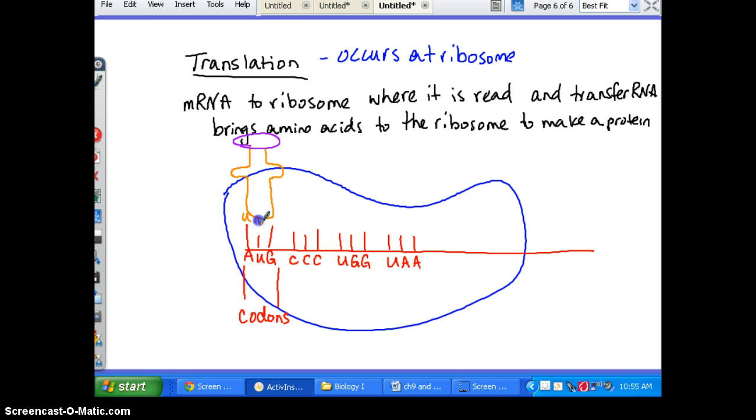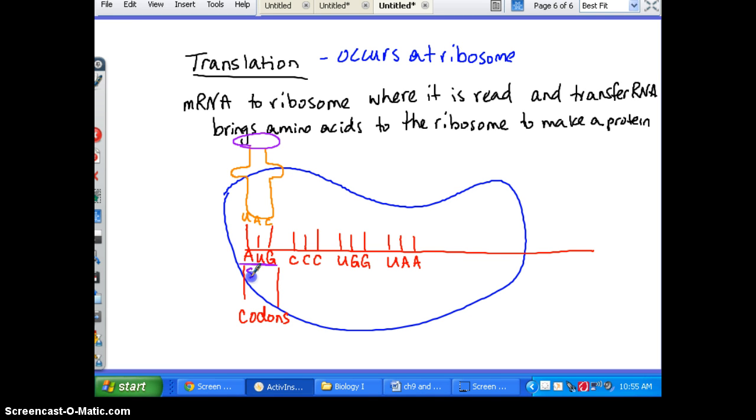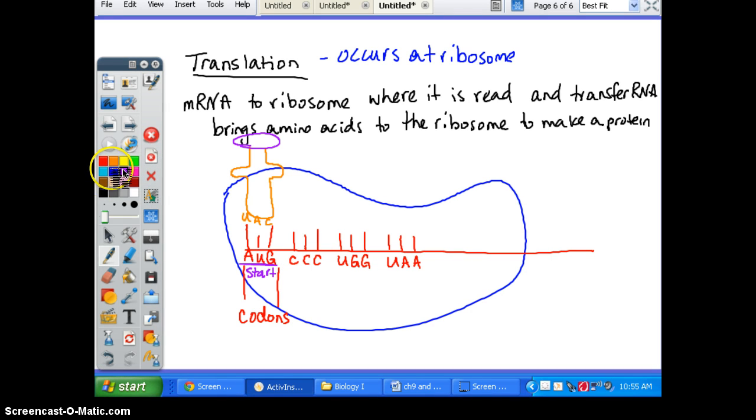So U, A, C. Now that's what it always starts with. This right here is a start codon. It means start, but it also means methionine, which happens to be the amino acid that it starts with. Now, you will not have to memorize those. You will have a chart in your book that you can use, or not in your book, on a quiz that you'll use.